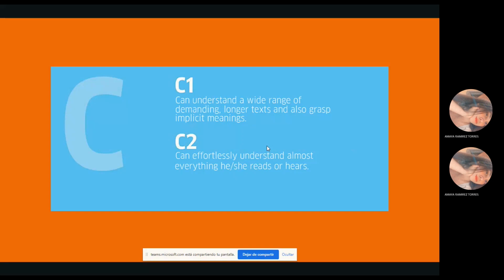This level is, as we saw, almost a native speaker's level. This one can understand most of the things we hear and most of the things we read. This level is closer to the actual language that real speakers use on a daily basis.